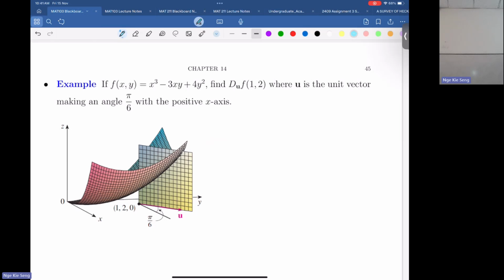And then you want to look at the directional derivative. In which direction? In the direction of u. So he didn't give you the exact u1, u2. Instead, what does it tell you?